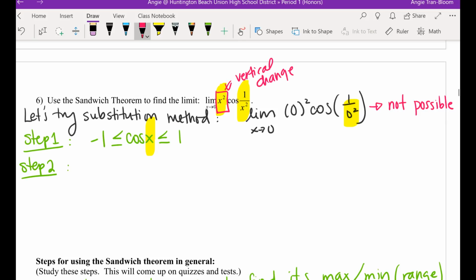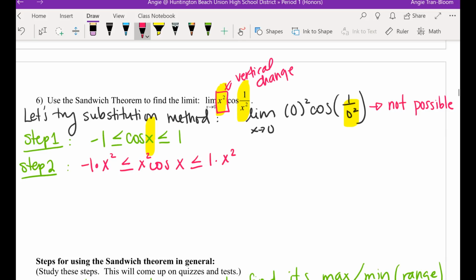So right now, I'm going to go in and multiply this by -1 times x squared. And then in the front of this, this is x squared times cosine of x. Then this one is 1 times x squared. Can you see that I'm multiplying x squared to each and every inequality?